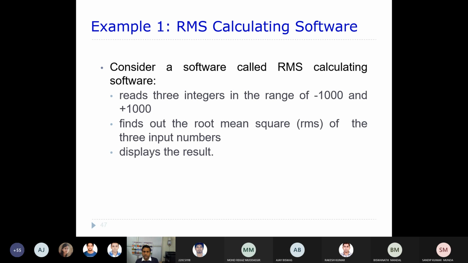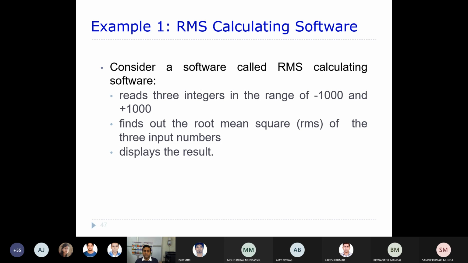Now we'll take an example of this RMS software, and we'll try to develop the DFD diagram for this, and then we'll conclude. Today we'll stop there. Here we try to calculate RMS, which means root mean square. We are going to develop software which can calculate the root mean square of some values.